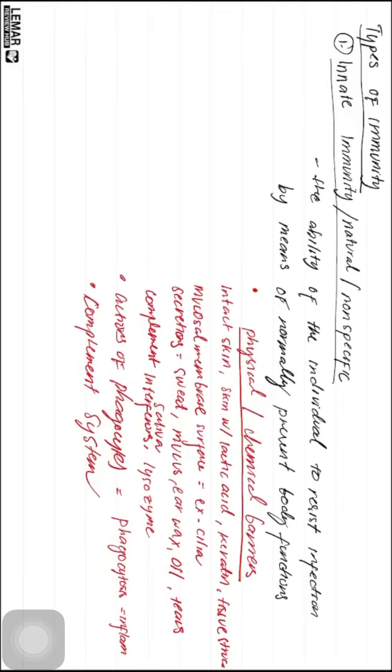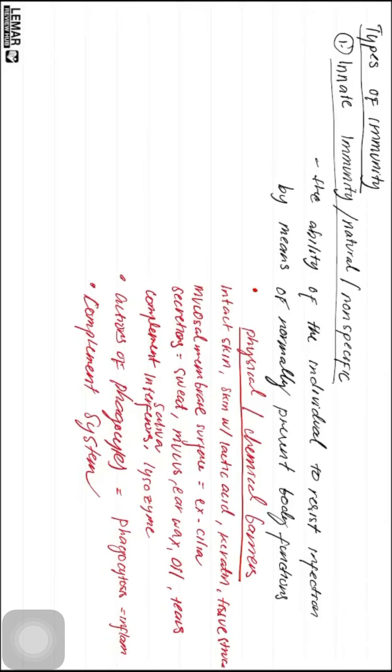So, we have also mucosal membrane surface, which includes, for example, in our respiratory tract, we have cilia. So kapag meron pumasok dyan na foreign objects, nagde-trigger yung cilia natin na i-flush away yung mucus na pinroduce sa ating respiratory tract palabas ng ating respiratory tract.